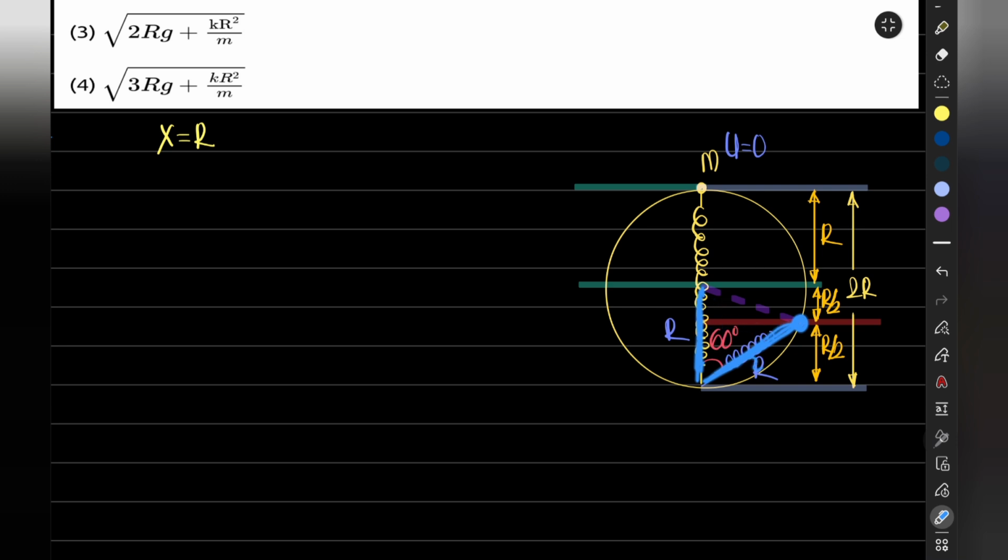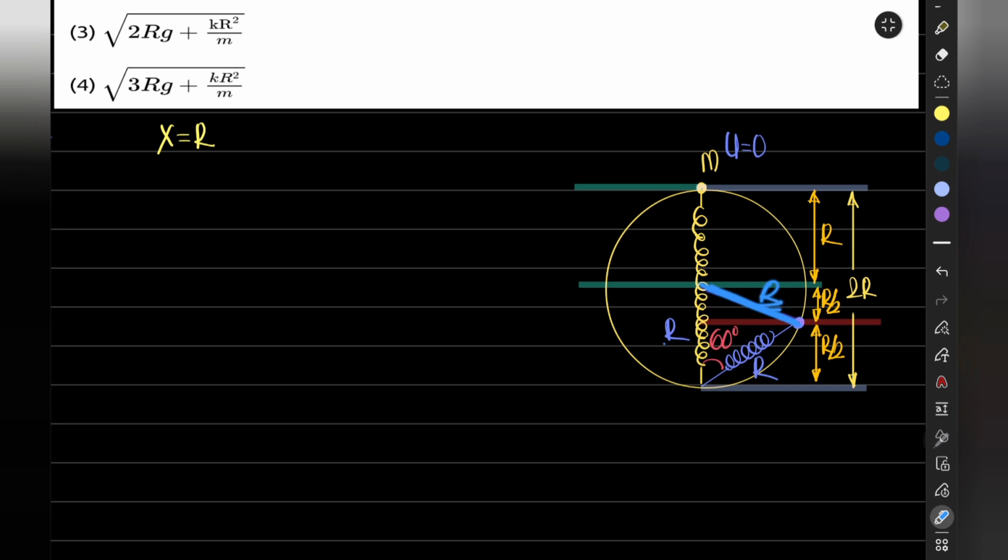Now if this is r, this one is also r, by symmetry we can say that this length will also equal r, and this will be an equilateral triangle. And if this one is an equilateral triangle, we know that this is the radius of the circle. If this one is the radius of the circle, of course its length will be r.